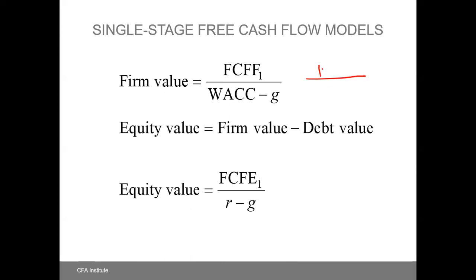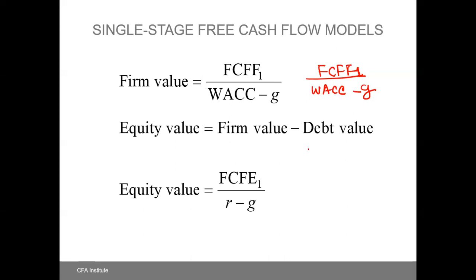But here, the changes will be in the numerator. We take the expected free cash flow to the firm for the next year, and we divide this by the difference between the WACC, the cost of capital, minus the constant growth rate.